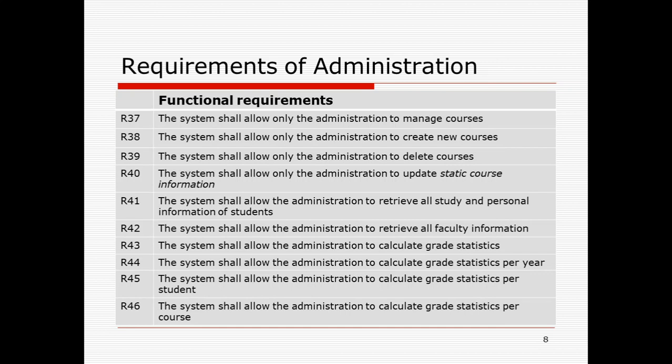Administration should be allowed to calculate the grade statistics: per year, per student, and per course. So all this summary and statistical information should be allowed for the administration people.